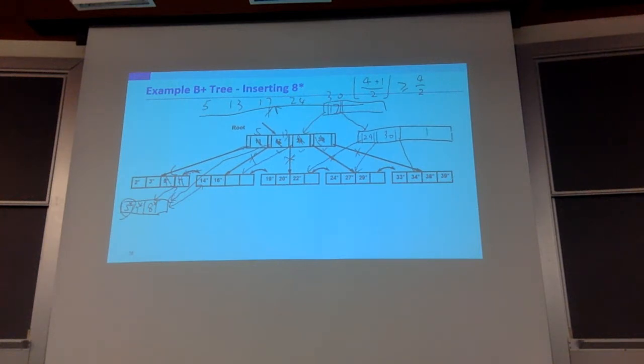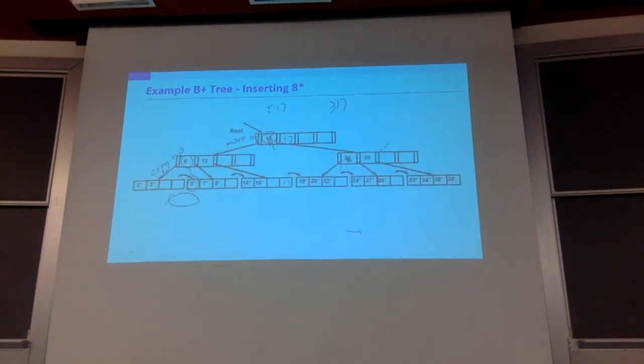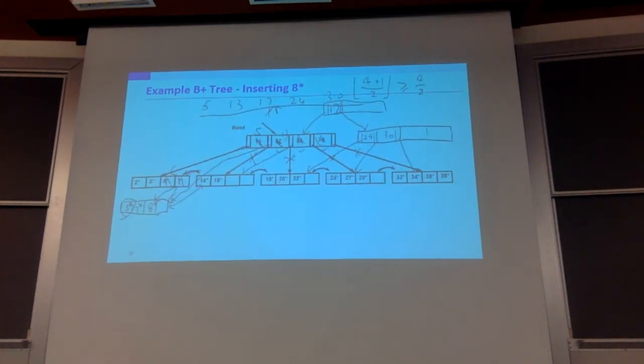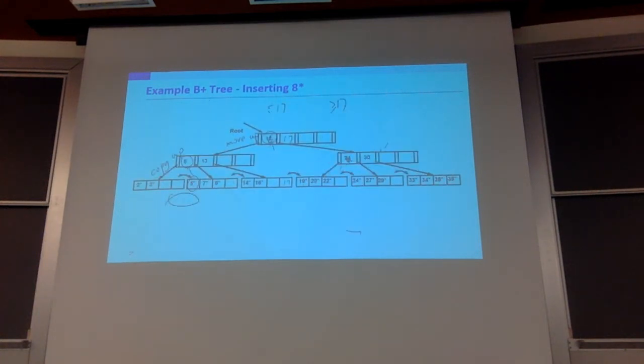Now I'm wondering why this has 4 keys and 5 pointers in one tree and 3 pointers and 2 keys in the other. You mean why this has 2 keys and 3 pointers? No, the total it is able to store.